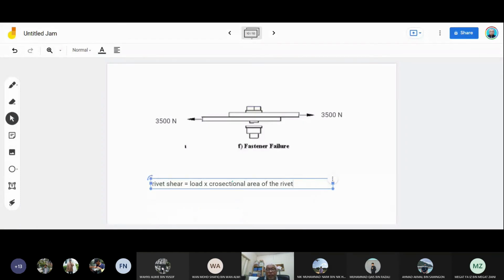Okay, so what is the load? 3,500 Newton. Sorry, I always make mistakes. It's not multiply, it's divide.